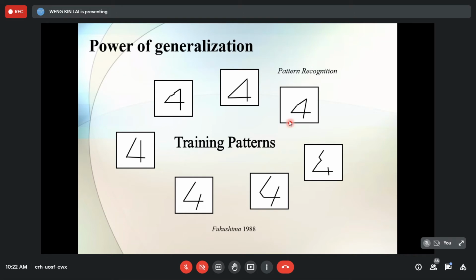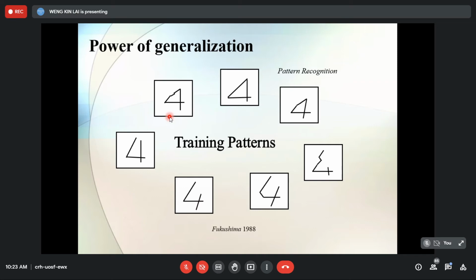So in 1988, Professor Fukushima proposed his neocognitron, able to recognize these patterns. After you train your system with these pictures, the trained neocognitron was able to recognize new and almost similar patterns.